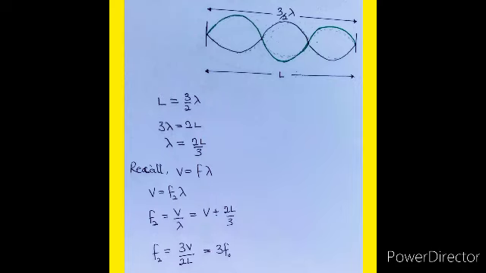If we do our arithmetic, we have that F2 equals 3V over 2L, and that is equivalent to 3 F naught, because our F naught equals V over 2L. So the second overtone is equivalent to the third harmonic. Once again, I said that the harmonic is the multiple of the fundamental frequency. So our second overtone is equal to the third harmonic.